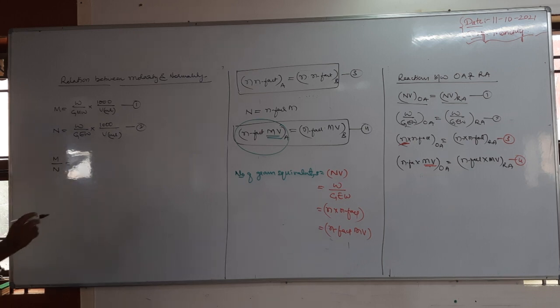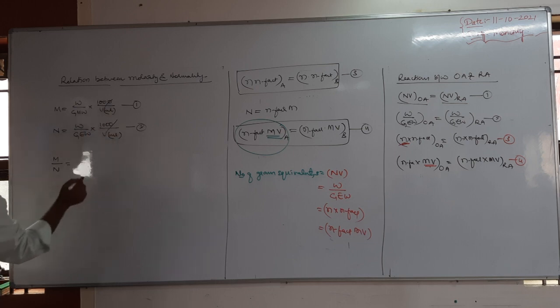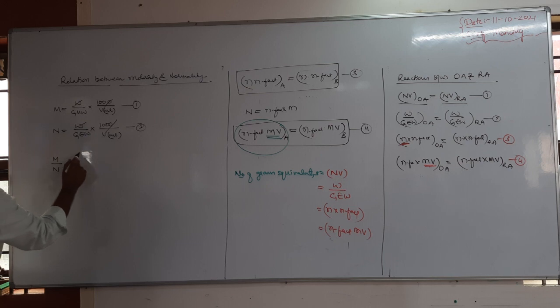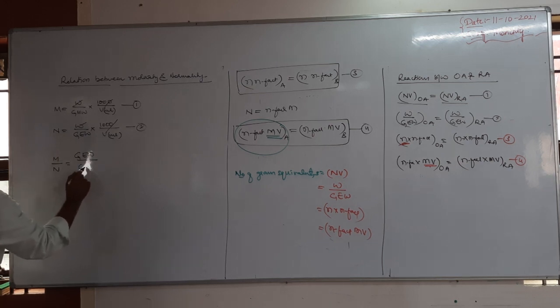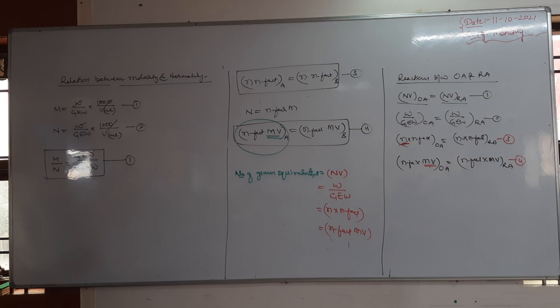Come on, tell me, what do you get? So it is cancelled, right? Weight is also cancelled. We get gram equivalent weight by gram molecular weight. So this is one relation. When the gram equivalent weight and gram molecular weight are given, you can calculate the relation between molarity and normality.